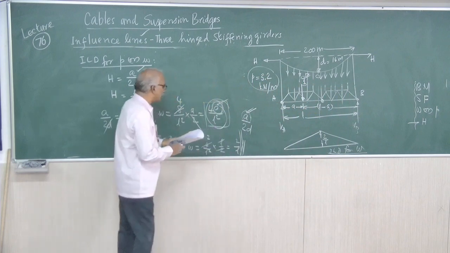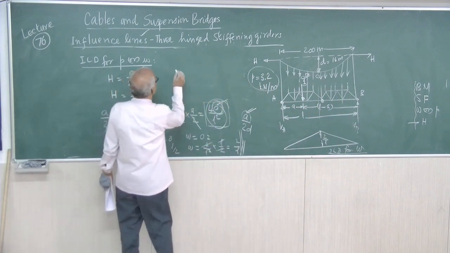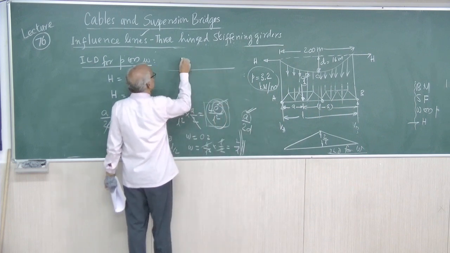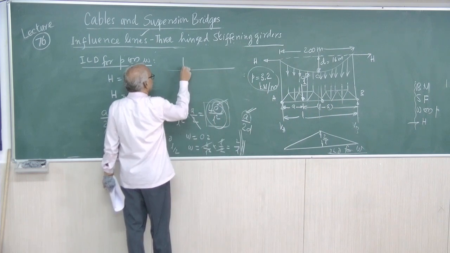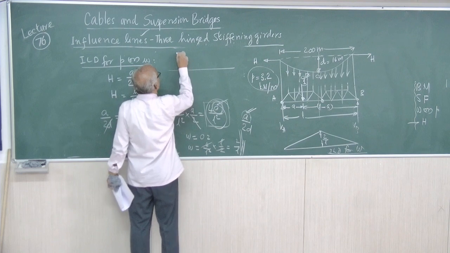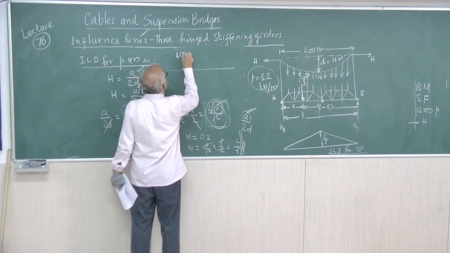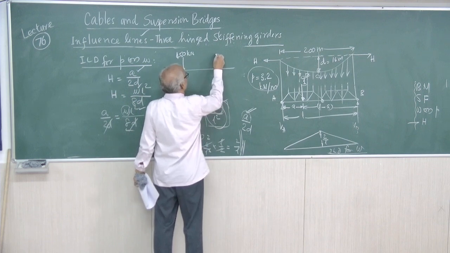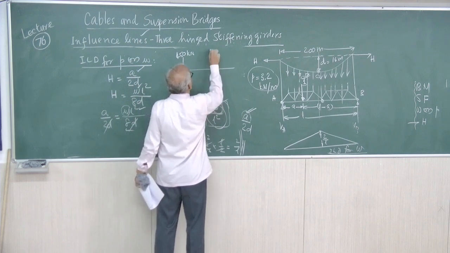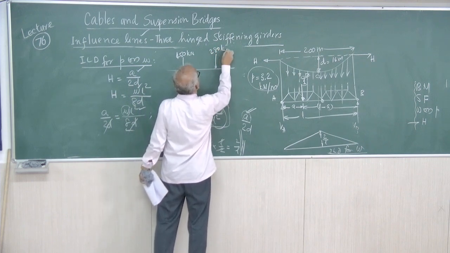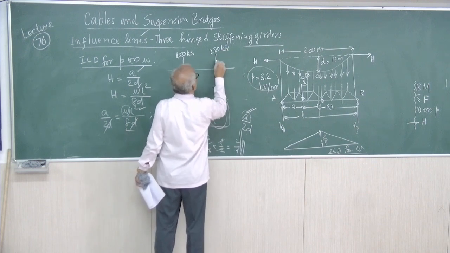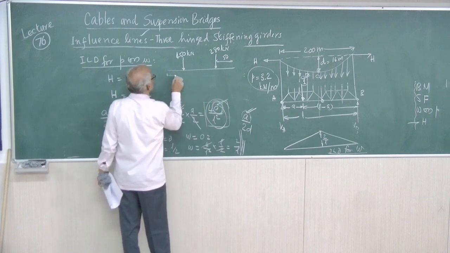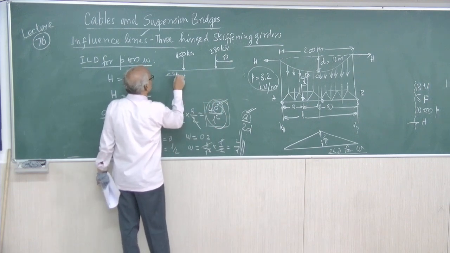Now we have done a problem in the earlier lecture number 75. We have considered a load of 450 kilonewton, and we have applied another load of 280 kilonewton. This is at a distance of 50 meters. From here, this is a distance of 40 meters.